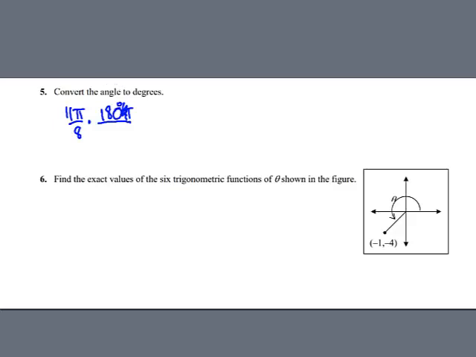Let me undo that. 180 degrees over pi. And then we can see that my pi's will cancel. You can do some reducing here. I believe that reduces by 4. That goes in there 45 times.